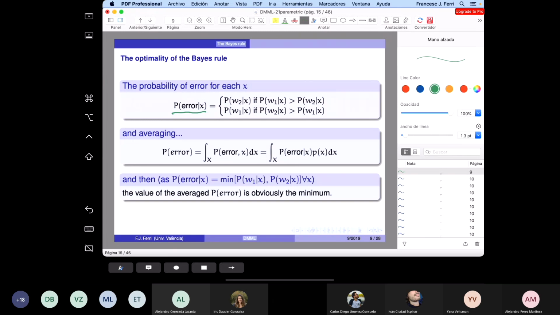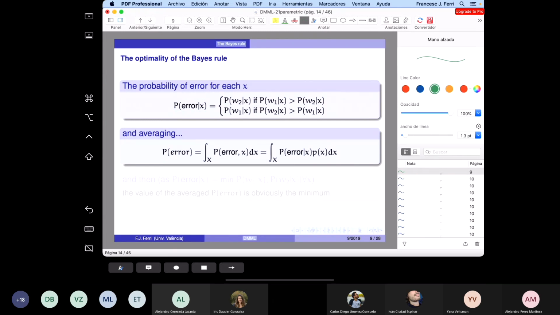If we average this over all the space, we obtain the global probability of error. So if we were able to compute this, and we can do this for easy cases, then we have an estimate of the best possible probability of error.